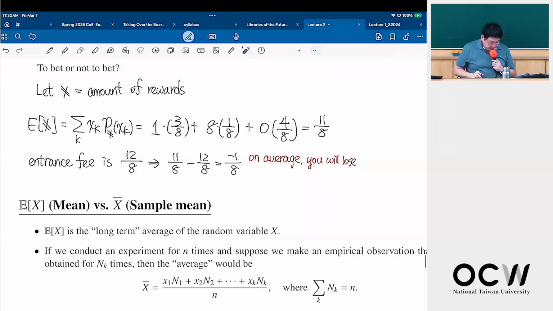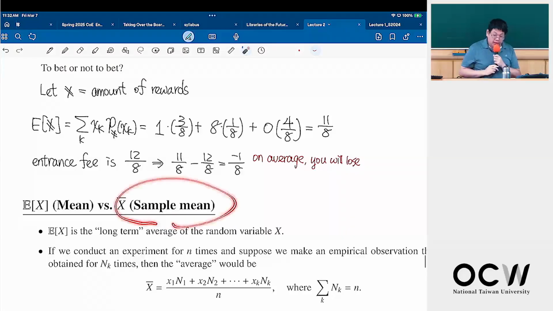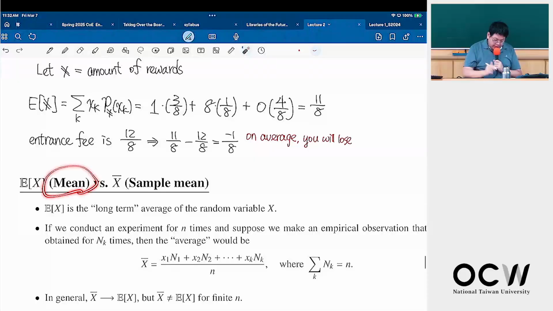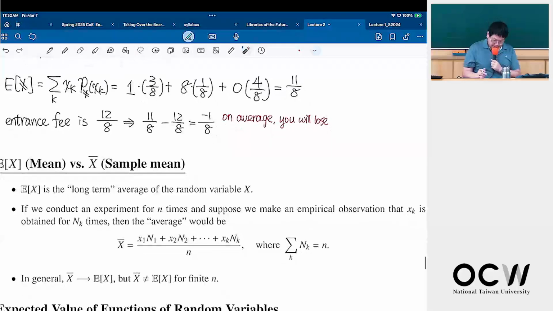Right, so now let's see what is the mean or the expectation and also the sample mean. You probably have heard of the sample mean before. The mean or expected value is a long-term average of the random variable x. But for the sample mean, let's see.